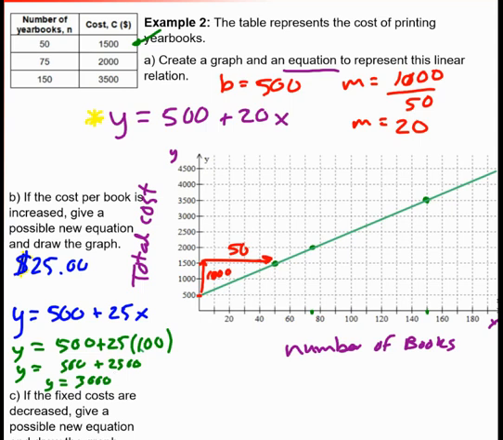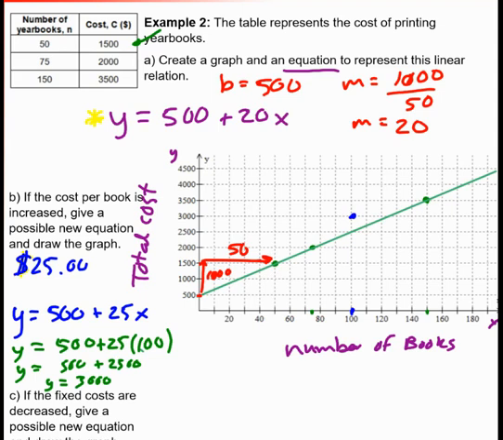So we can chart that now. At 100 books, we should jump. Now we are factoring that in, so we're going to jump up to 3,000. There we are. So what's that line going to look like?